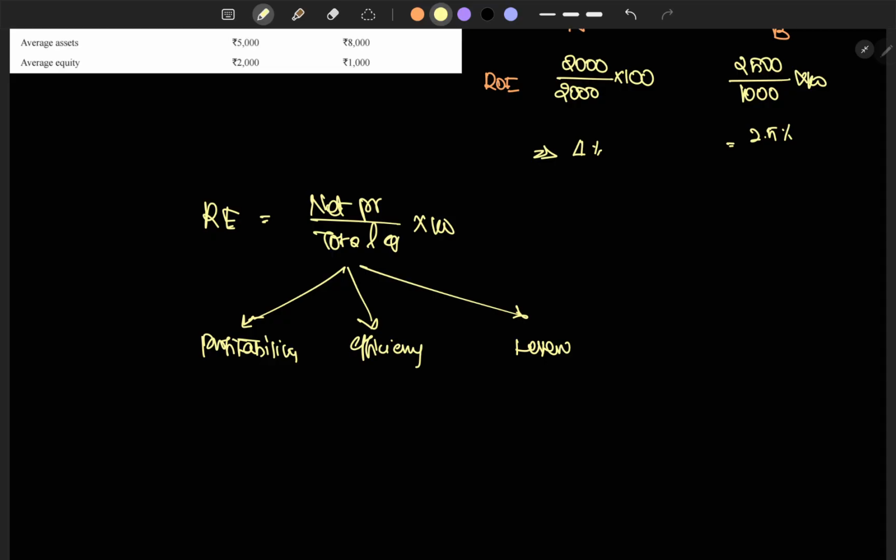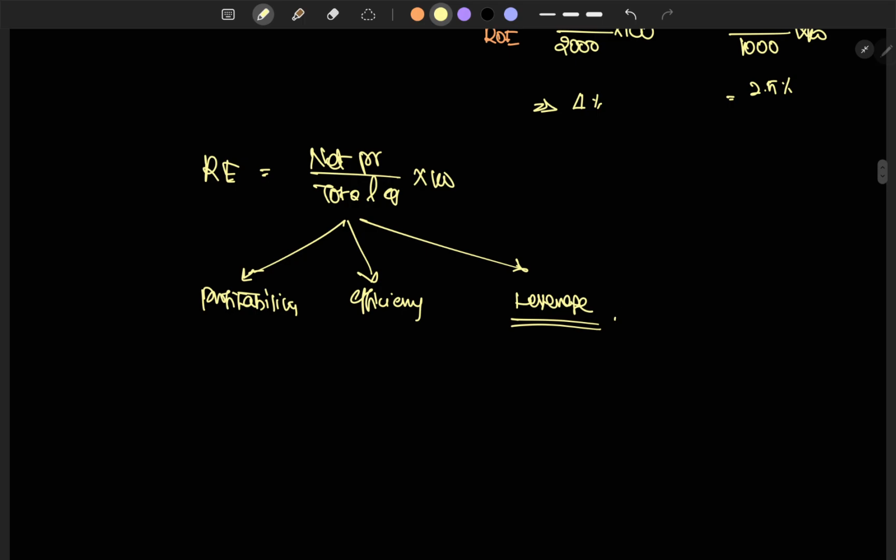Leverage is about how they have generated capital, whether debt is more or equity is more.